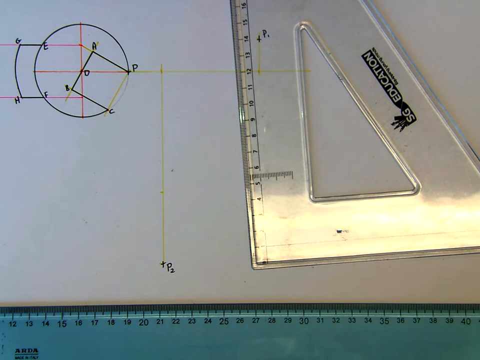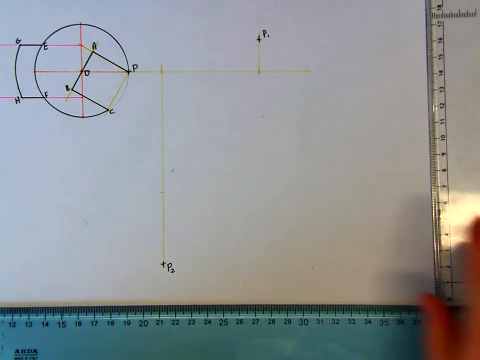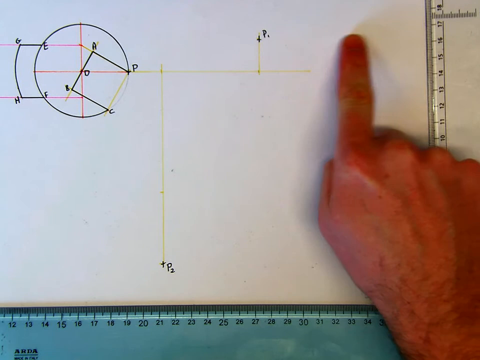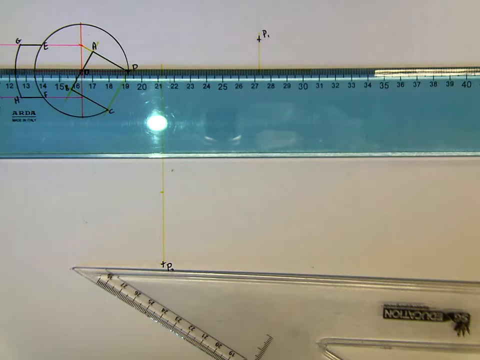And finally P3. So P3 from P1, I need to measure over 60, down 20, so that's going to be on this line here.